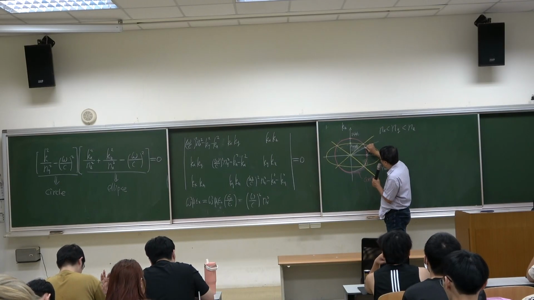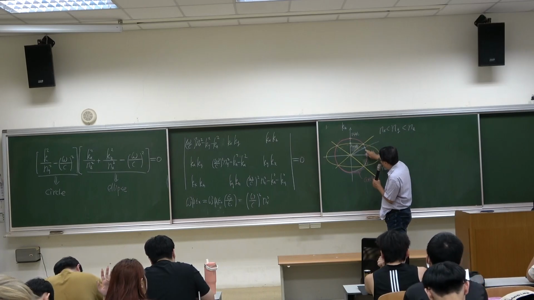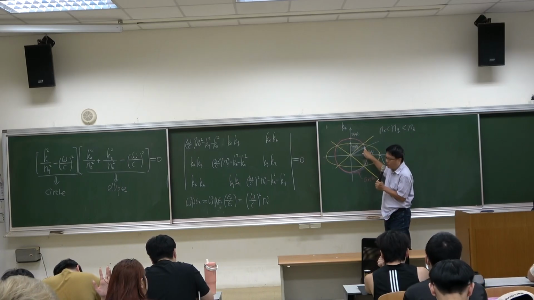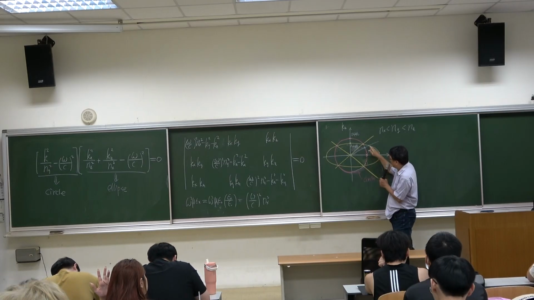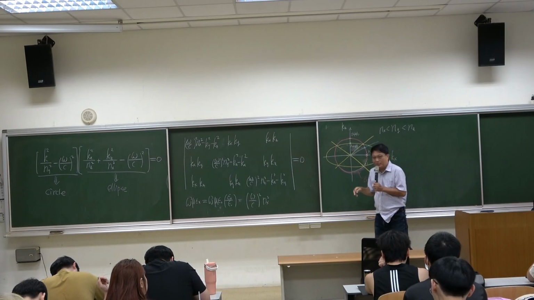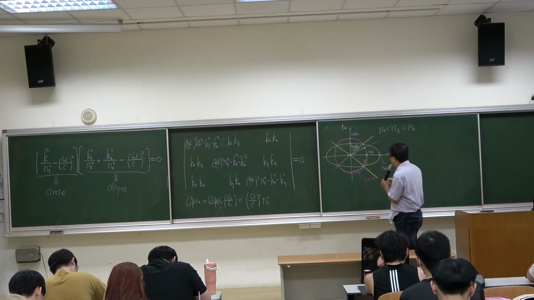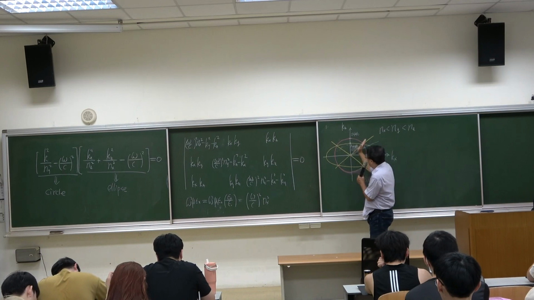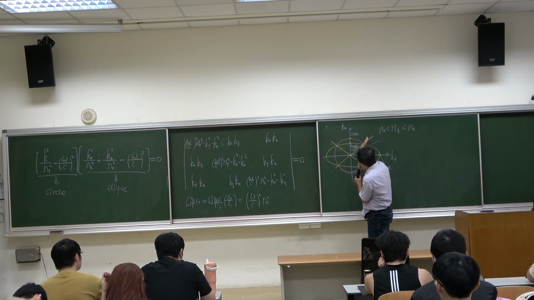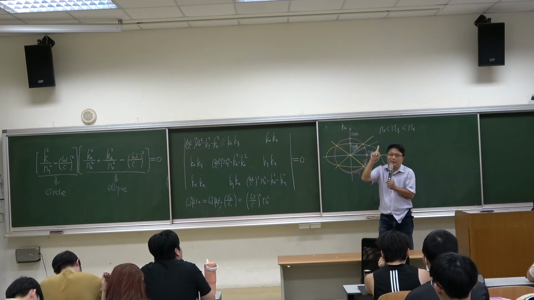The smaller one gives us the point corresponding to this circle. The larger one gives us the point corresponding to the point at the ellipse. Okay? However, if I change the direction, then at this very specific direction, I get only 1 refracting index.